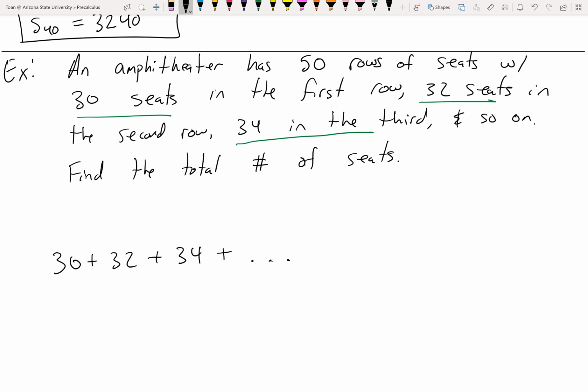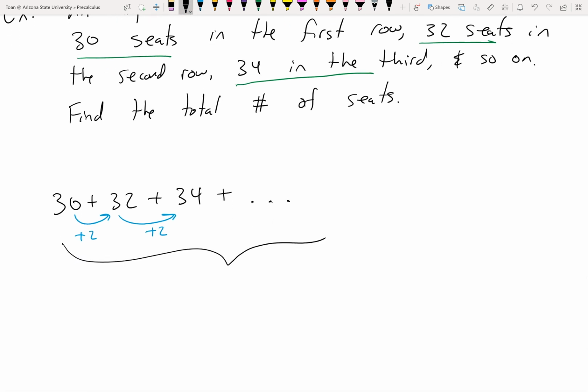Hopefully with these three terms we can verify that it is arithmetic because we have plus 2, plus 2. Now all of these are rows, and they did tell us that we have 50 rows. So it's not a guess. I know for a fact that we have 50 numbers here.